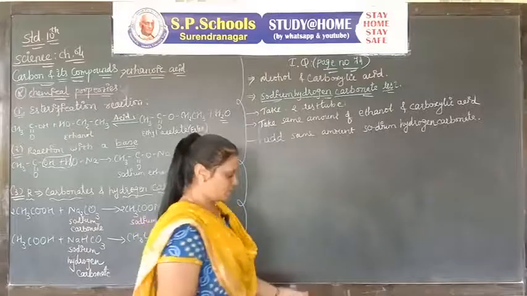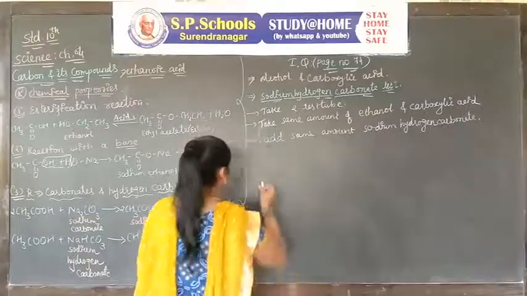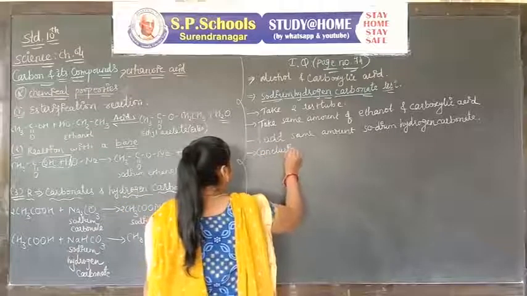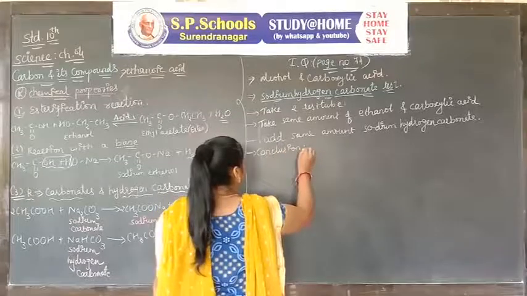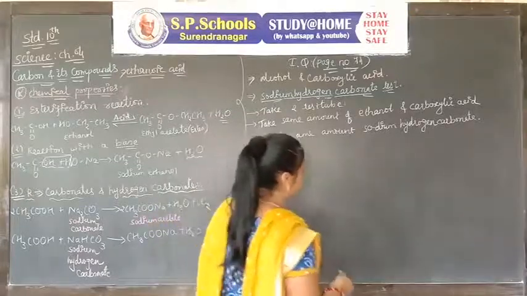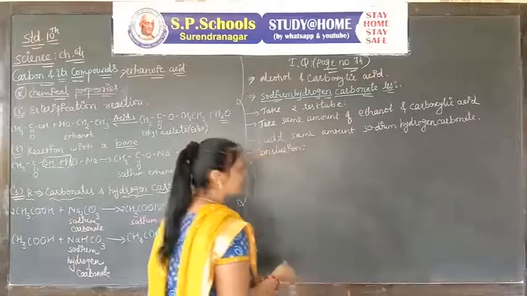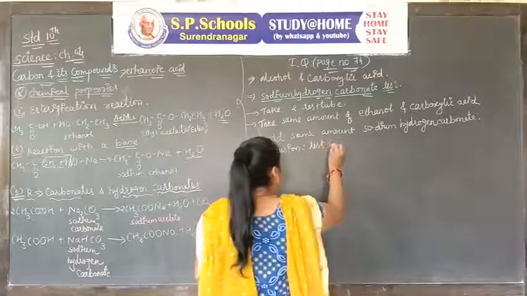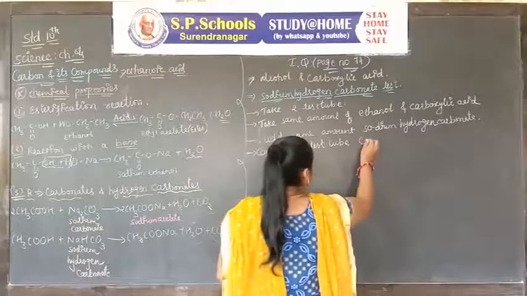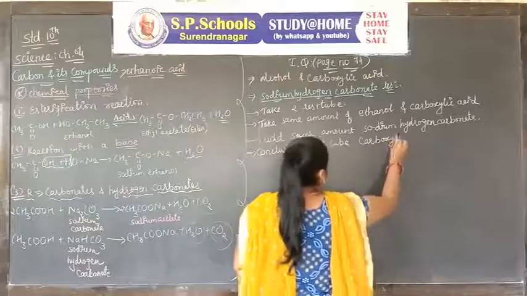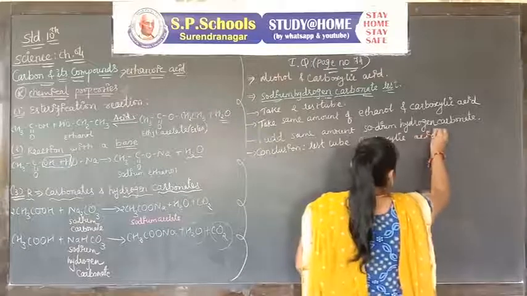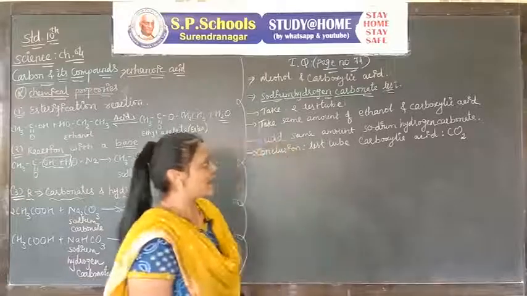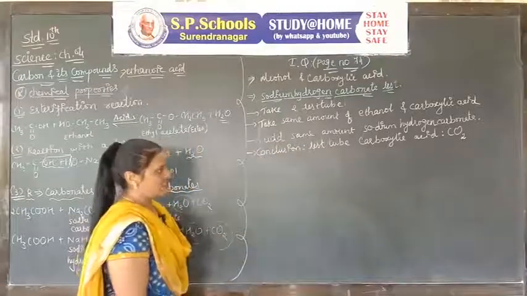What will happen? What will we conclude? The conclusion tells us that in the test tube in which carboxylic acid is present, liberation of carbon dioxide gas will occur.